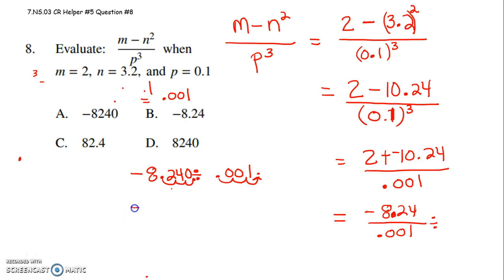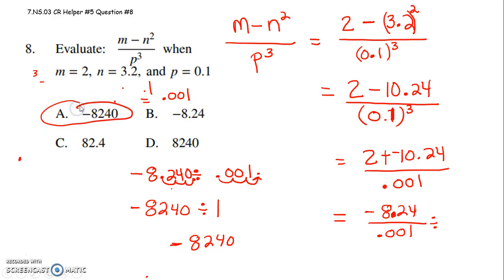So that's what I'm doing. So this is negative 8,240 divided by, thankfully, just 1. A negative divided by a positive is a negative. 8,240 divided by 1 is 8,240. Excellent. If I move that decimal point over 3 places, I have to move that one over 3 places. Whew! That was quite a little problem. I hope that helps.